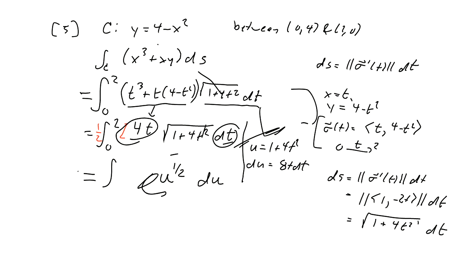Now, as far as the bounds go, notice that when t is 0, u is equal to 1. And when t is equal to 2, u is 1 plus 4t squared, which is 17. So this ends up being 1/2 the integral from 1 to 17 of u to the half du.